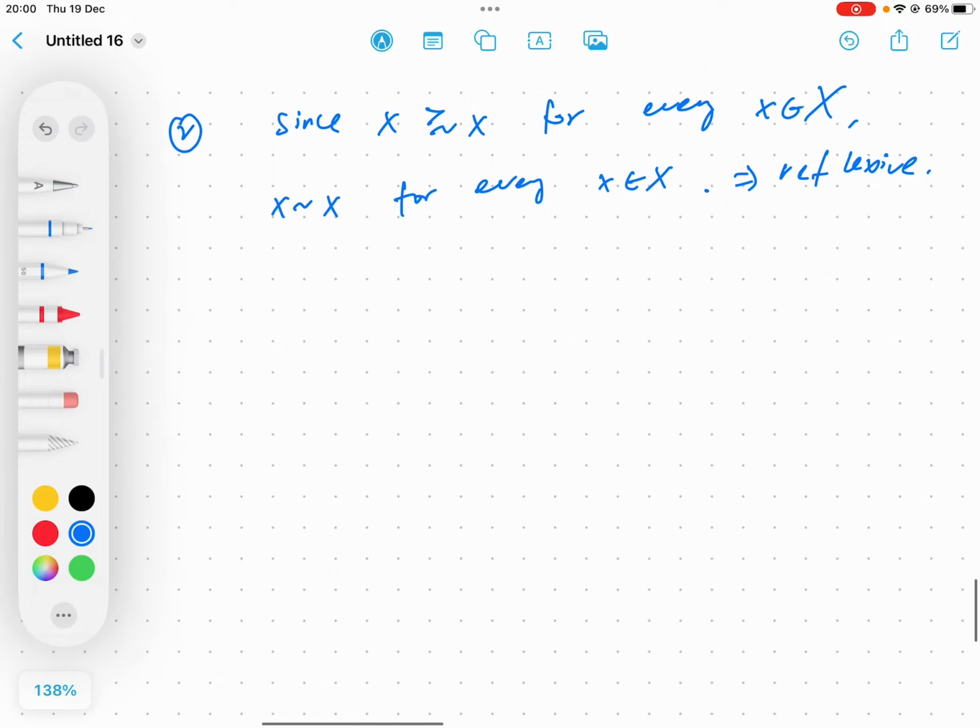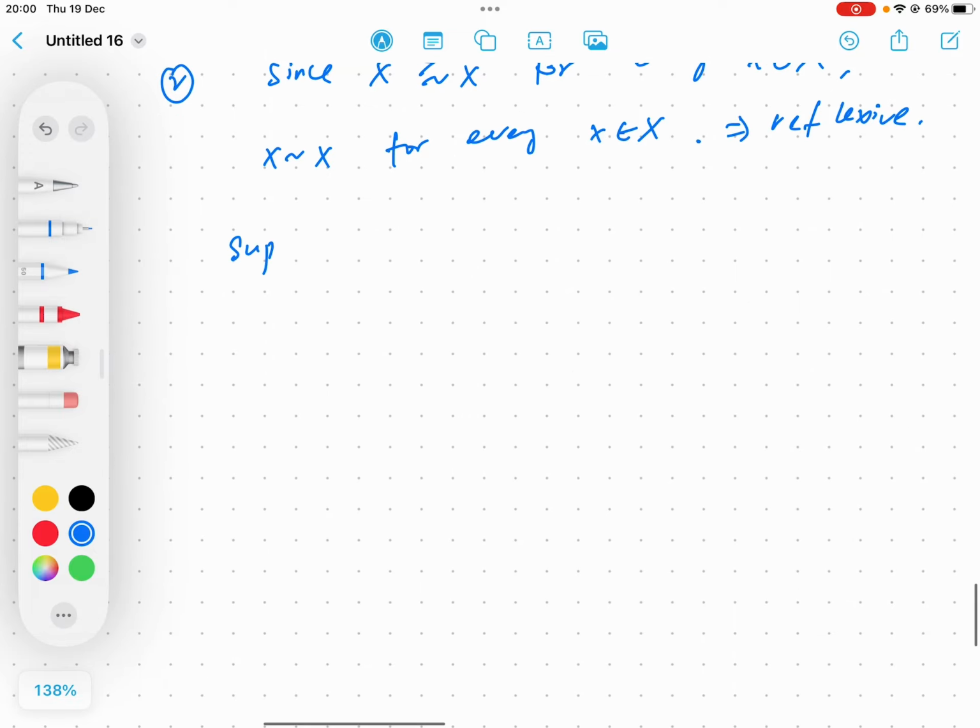Okay, and next, let's suppose x is indifferent to y, and y indifferent to z.